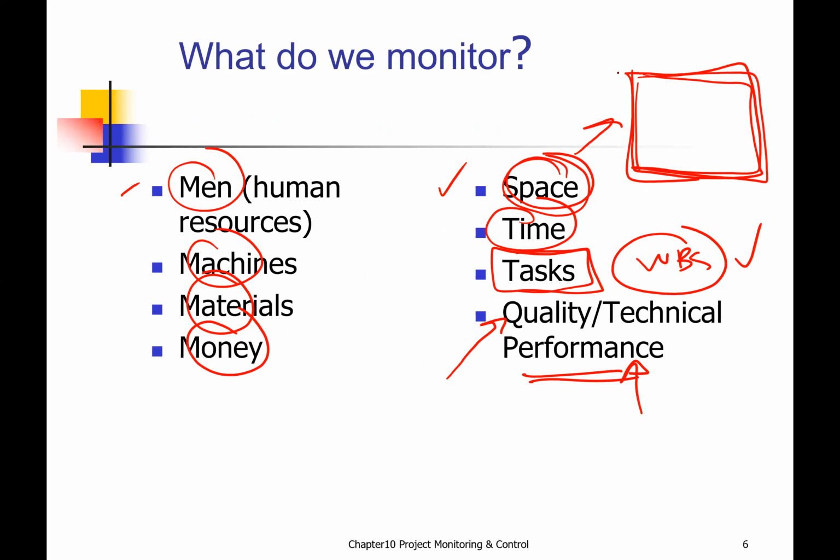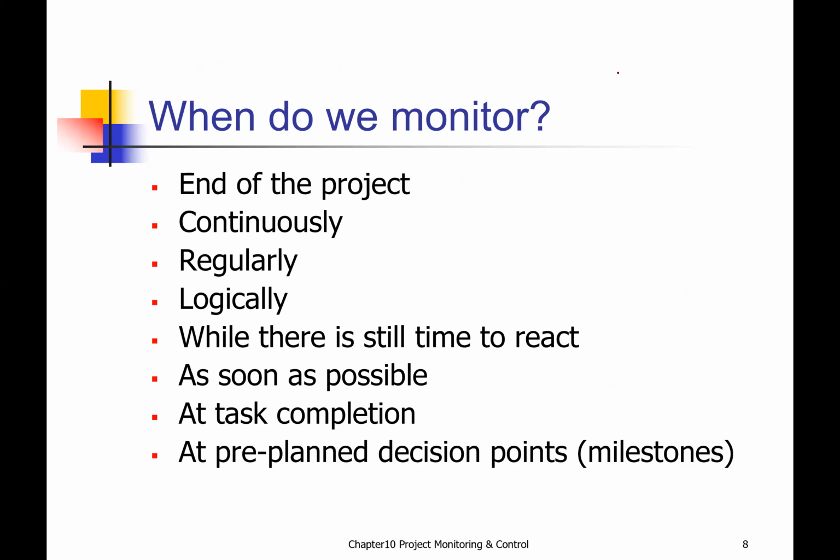Monitoring and control have to be implemented during the construction stage while you are doing work. So all of these things are basically correct. It depends on what you want to report to. At the end of the project, for sure, when you want to wrap up or close the account, everything has to be collected.